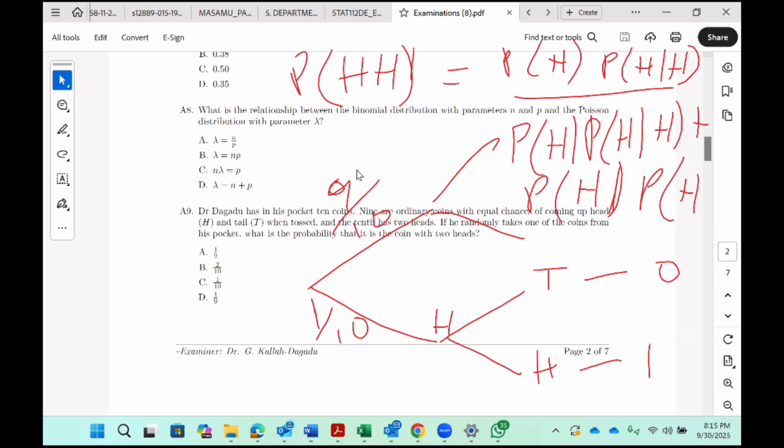Here it is a tail and a head, so here will be 0.5 and here will be 0.5. But the probability that it is two heads, meaning that the first one was a head and the second one also was a head, that will be this times this probability here. That will be 1 over 10 times 1.